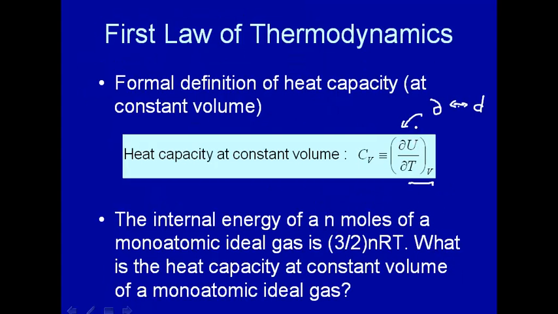Now, writing it this way, we imply that U, remember U was the internal energy, or the energy of the system, is a function of two variables, temperature and volume. And we'll look at that more carefully later on. Okay, so we have U as a function of those two variables.